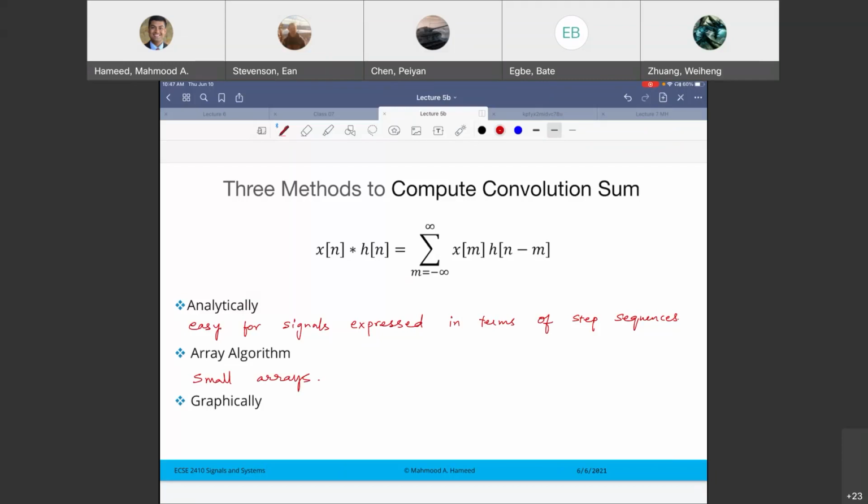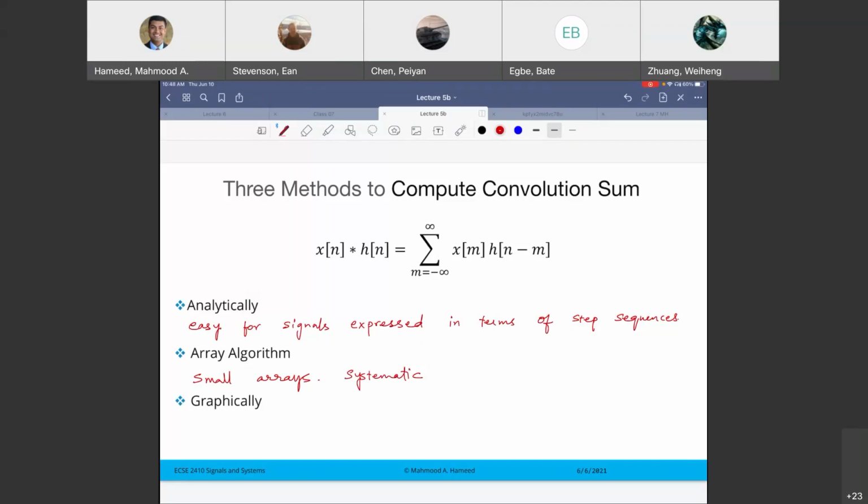Pretty straightforward. The array algorithm for computing convolution is probably the easiest way to do it. The chances of you getting the wrong result are very small with the array algorithm, just because it's a very structured, systematic approach.